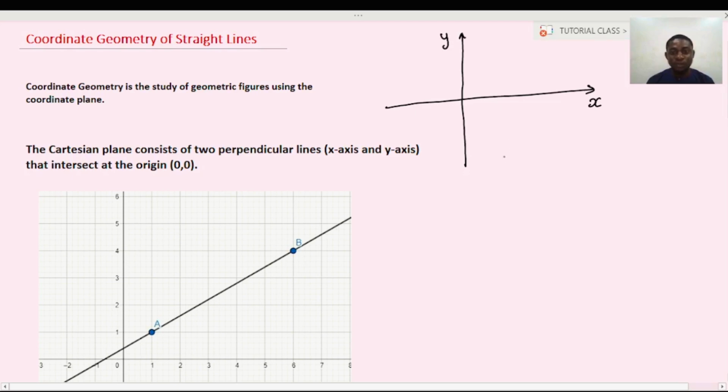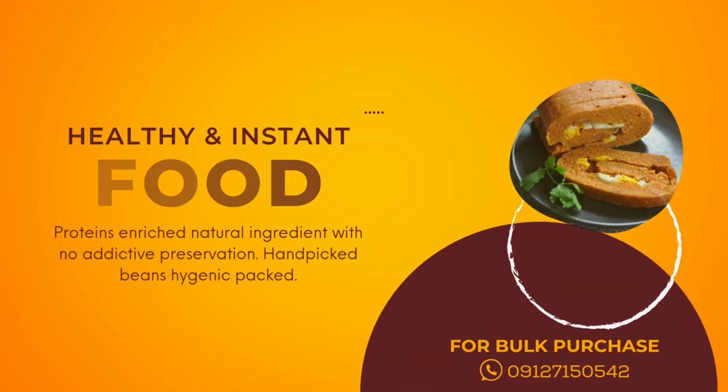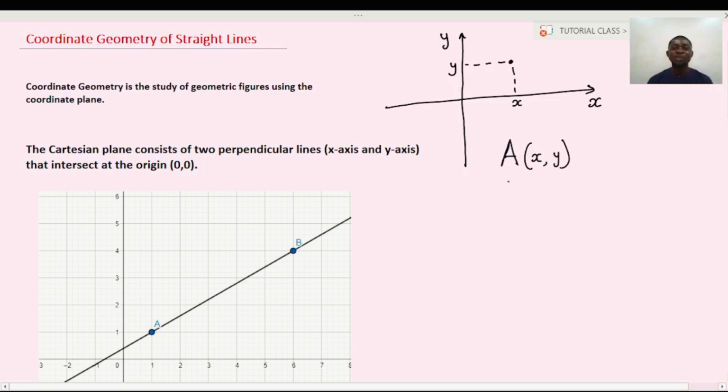That is, if you have a point A on a plane, it has its relationship to this side, which is the x coordinate, and also its relationship to this side, which is the y coordinate. So every point in space always has its x coordinate and its y coordinate. This is the way a point is represented on a plane of coordinates.